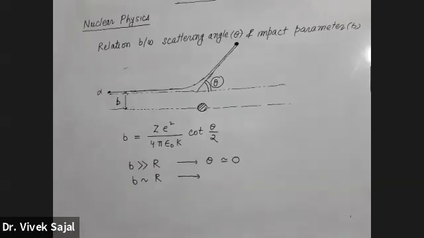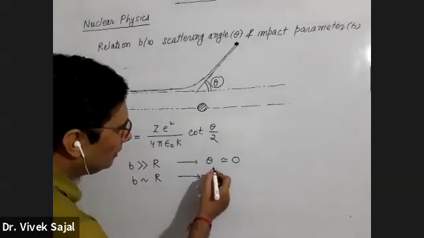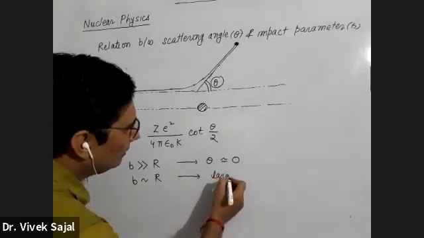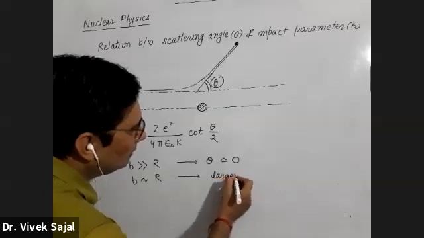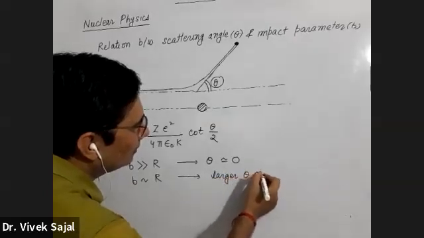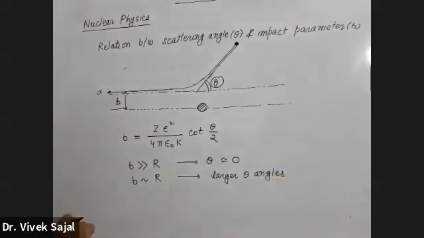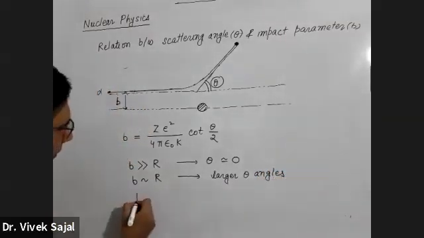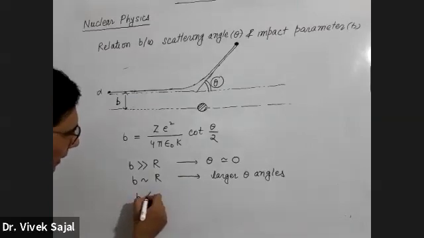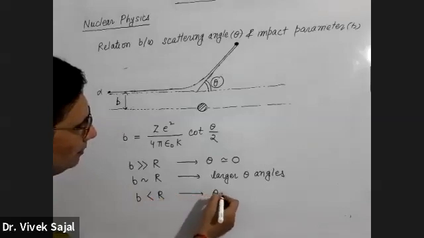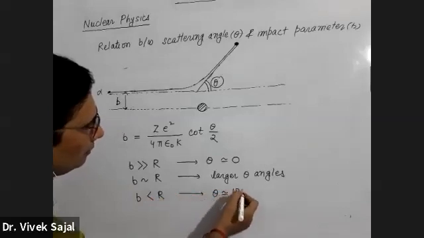When B is of the order of R, it will be responsible for larger scattering angles. This will be the condition for larger theta angles. And when B is less than R, then theta will be nearly 180 degrees. It will be backscatter.